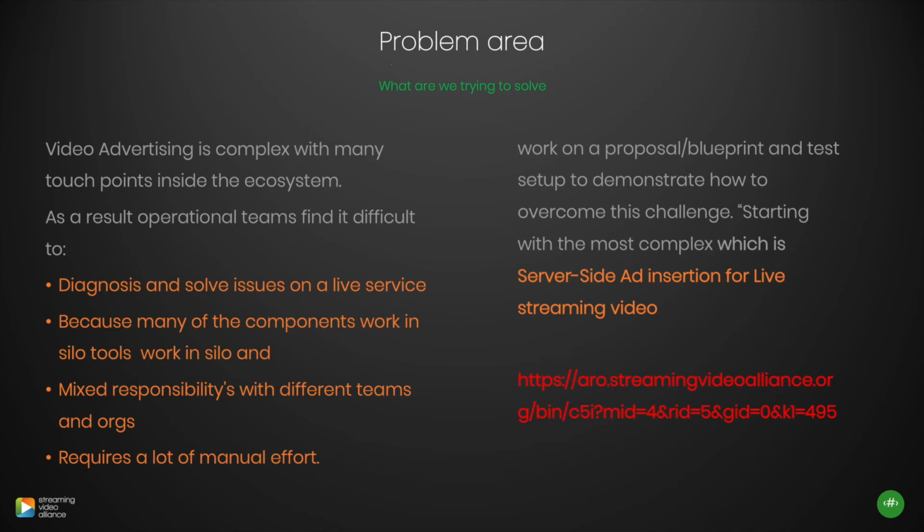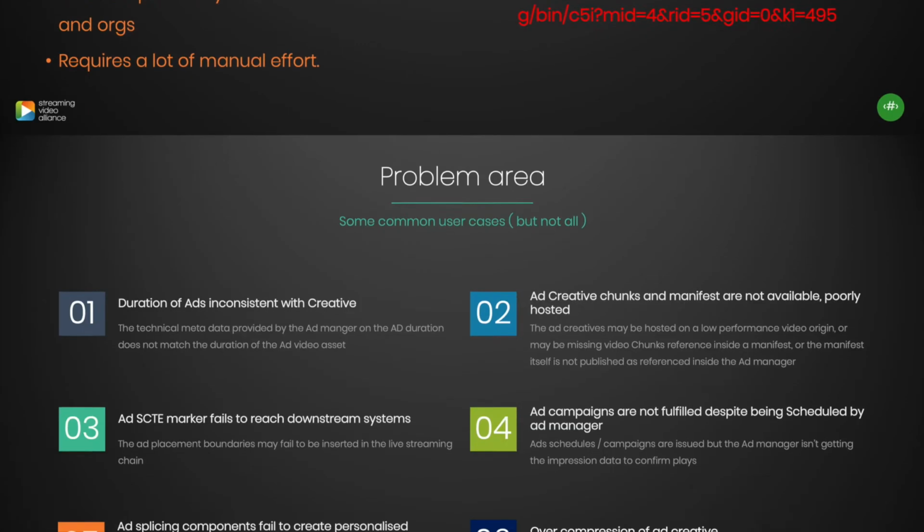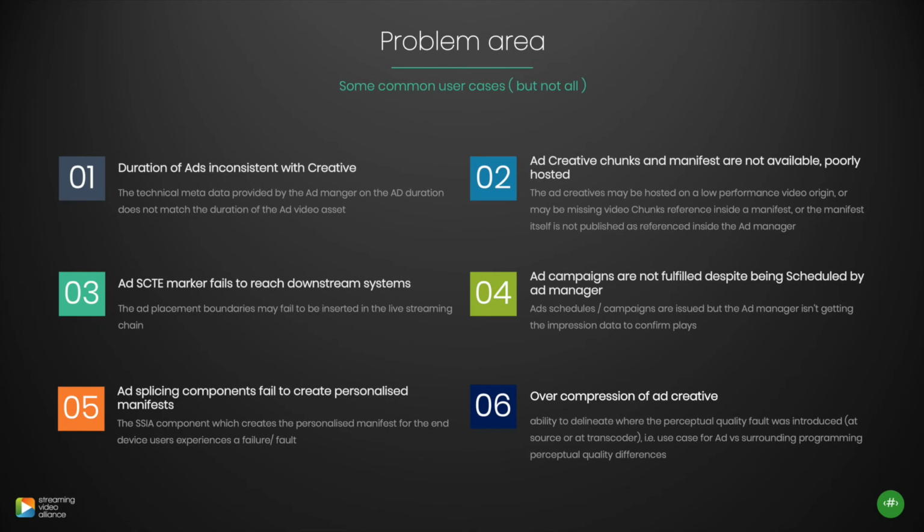The challenge is that all these different components that make up a solution don't always live in the same company, so it gets really hard to triage. So we thought, well, we can create a blueprint for how to monitor this stuff better from an operational point of view, then maybe it'll help solve all these issues by addressing the root cause and thus making a better service.